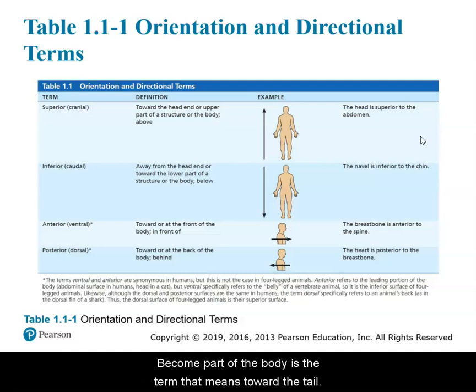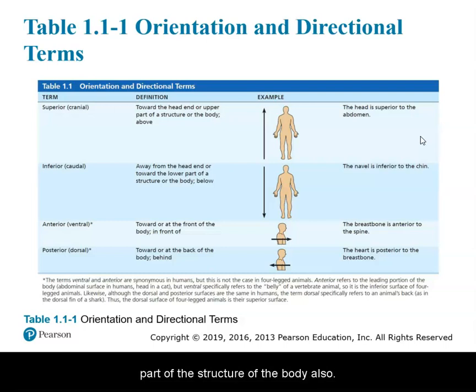Of course, we don't walk around having tails, but caudal is the term that means toward the tail, and it is synonymous with inferior. Inferior or caudal means away from the head end or toward the lower part of a structure of the body, also below. An example of this: the navel, which contains the umbilicus, is inferior to the chin.